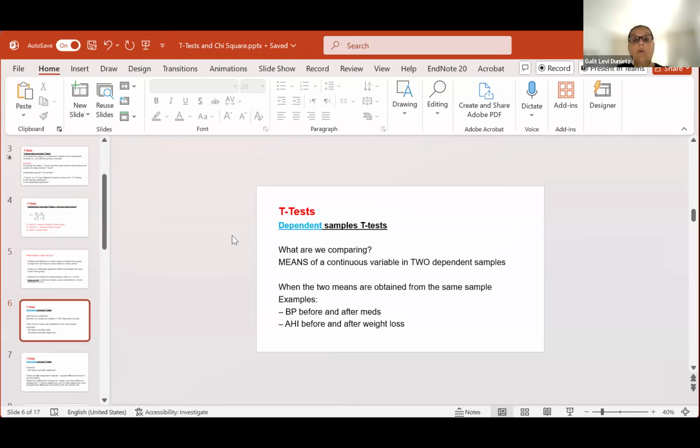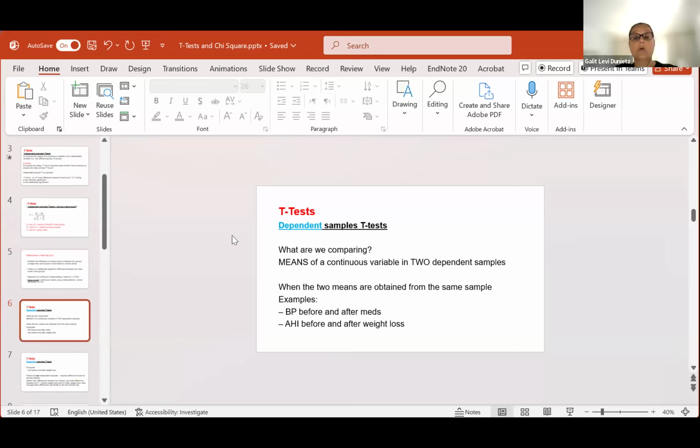Okay, so here we're comparing means, but we have samples that are dependent. As I said before, independent means that the two samples are unrelated to one another, but dependent means that we're talking about the same samples and there's an intervention involved or something that happened to the sample before and after our measurement. So there's a time one measurement and a time two measurement of the same people.